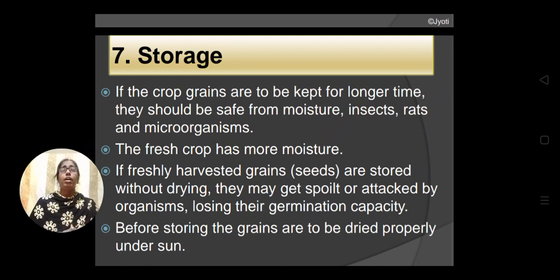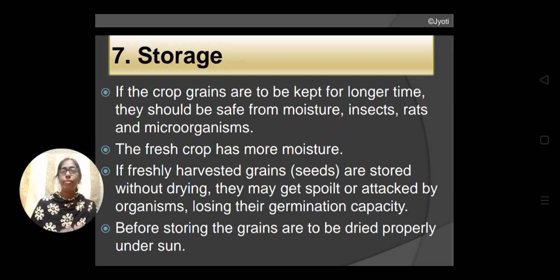So these crop grains are to be kept for a longer time. And during this course of storage, they should be safe from moisture, insects, rats and microorganisms. Because the fresh crops which we collect from the field have more moisture.